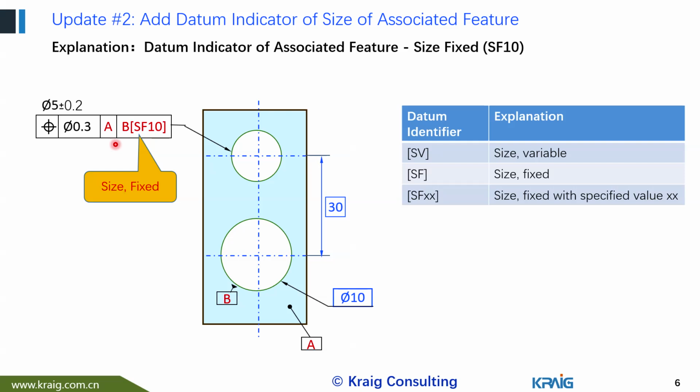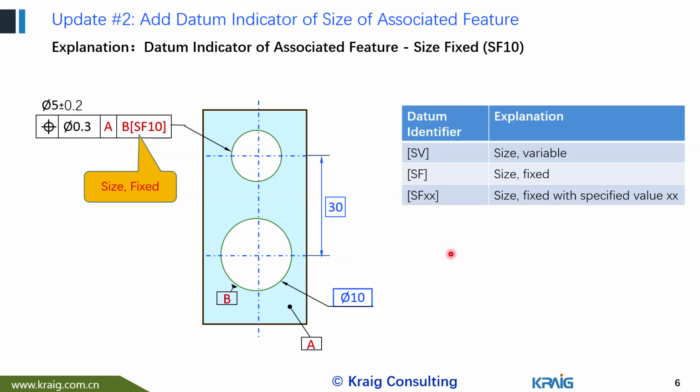When we use this datum B in the position tolerance, you may notice there's an SF10. It means size fixed. That means the associated datum we are going to use has a fixed size, which is 10.